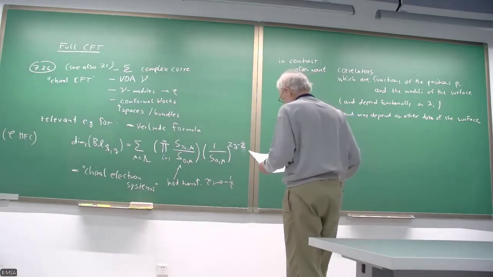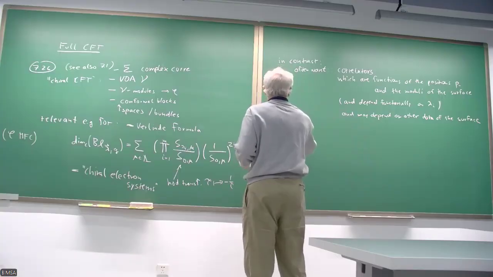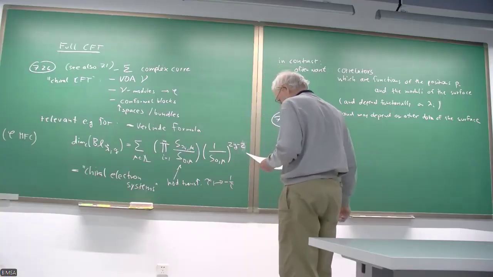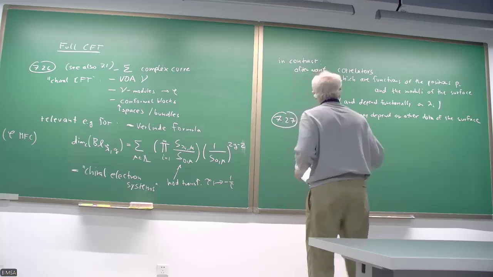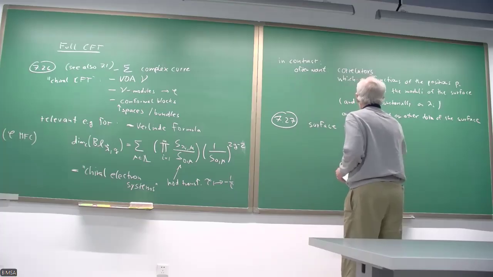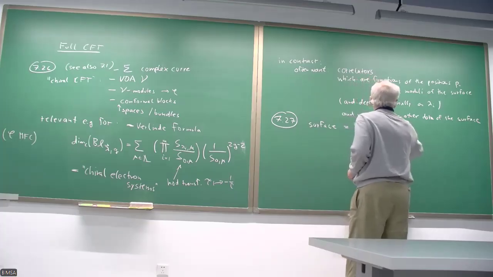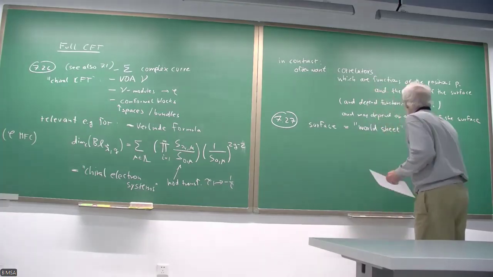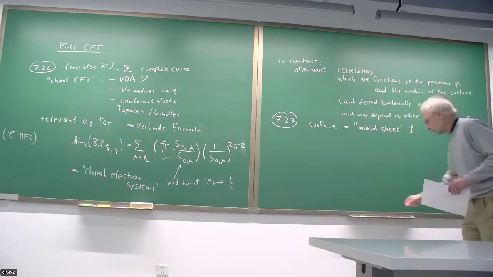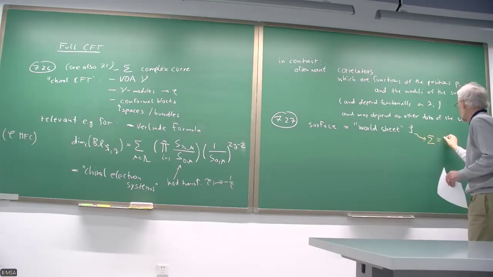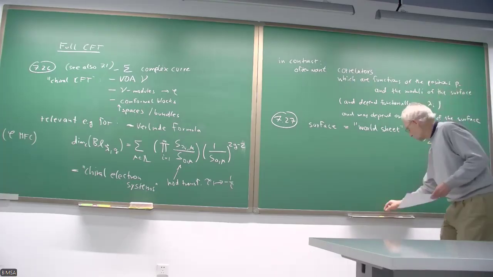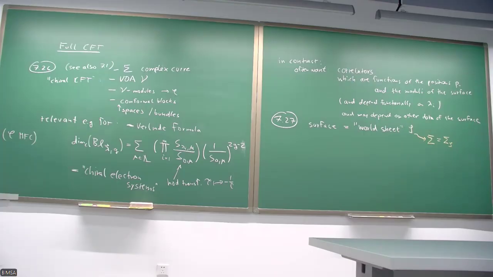But let me first say what we want to look at. Our surface will from now on be what I call the world sheet, terminology borrowed from string theory, and I will denote it by S. From this surface, we will get a certain complex curve sigma, which is determined completely by S, but which as a surface is not necessarily the same.